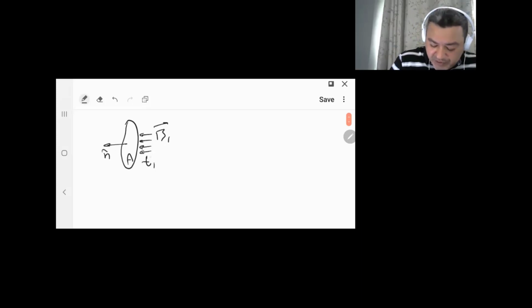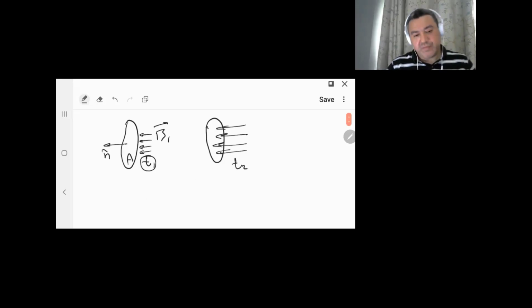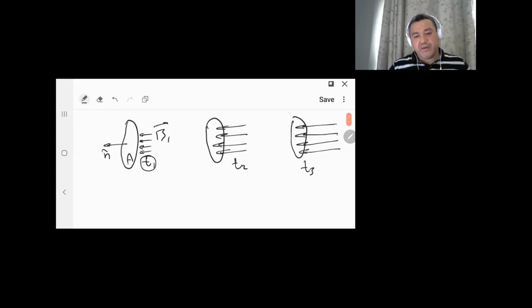This is at moment t1. Now at moment t2, which is the next moment, the magnetic field has increased at t2. At t3, the magnetic field kept increasing. Now what's going to happen?